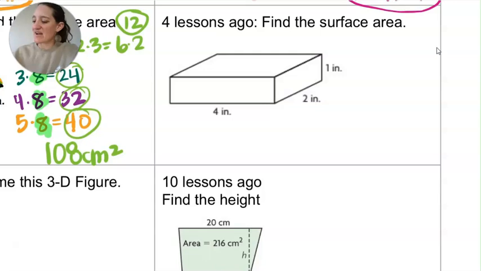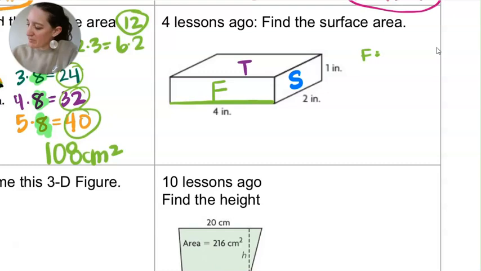Surface area of a rectangular prism. So for these, we're going to remember that there's kind of a front and a back, right? There's also 2 sides, and there is a top and a bottom. And then if we add all those up, it'll give us a surface area of everything. So the front right here is 4 by the height looks like it is 1.